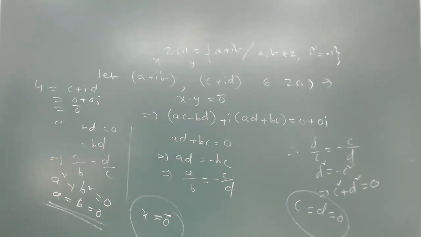Now, there is one more part left in the problem, that is, is it a field or not? If you want to verify that, we have to check whether Z of I is a field or not. Right? Now let us go for it. Are you clear about this solution? How we prove that it will not have zero divisors?